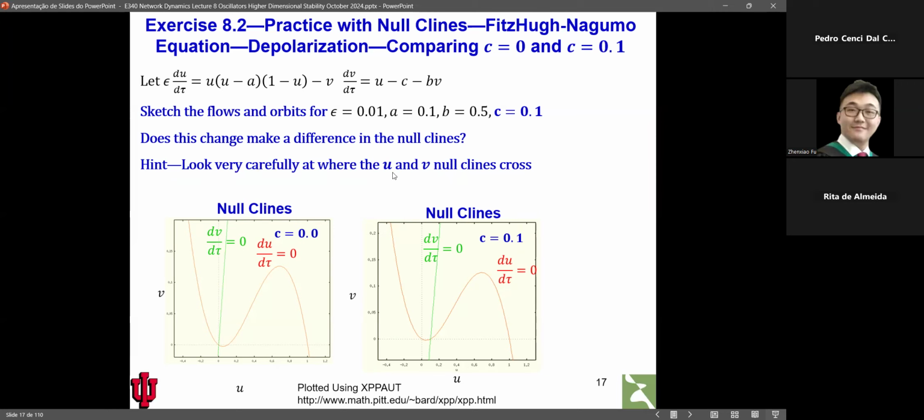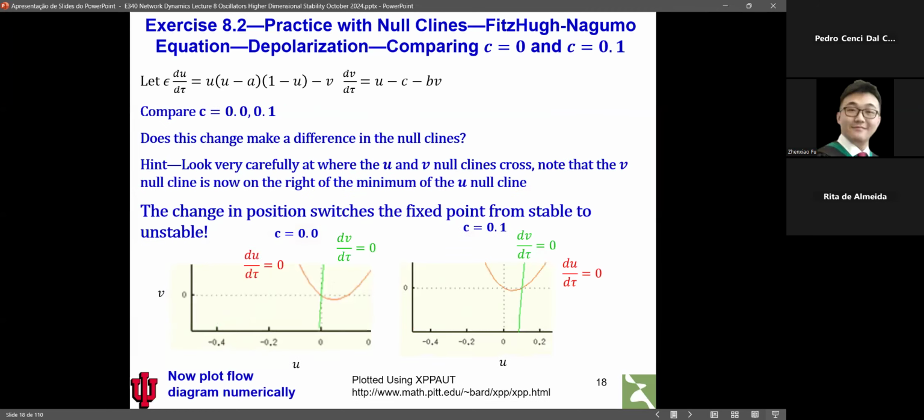Okay, so the idea is to see that they are very different here and here, right? Again, it's the same thing. Look carefully at what's happening here and what's happening here. This is going to be an unstable fixed point.